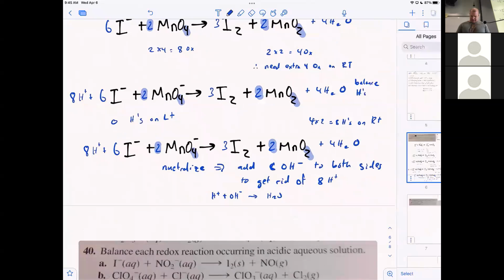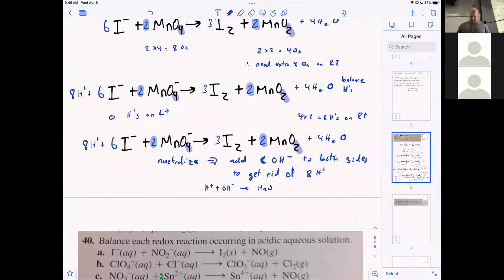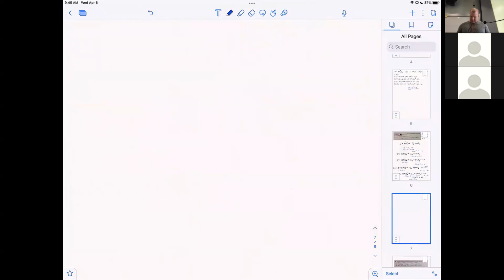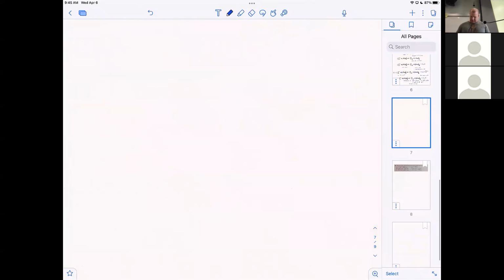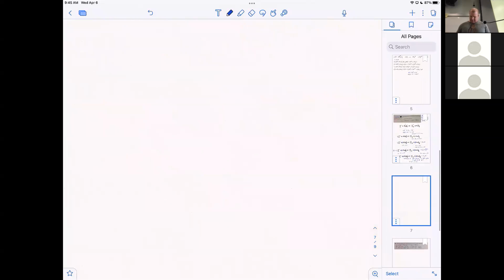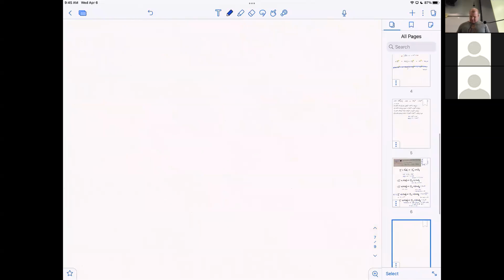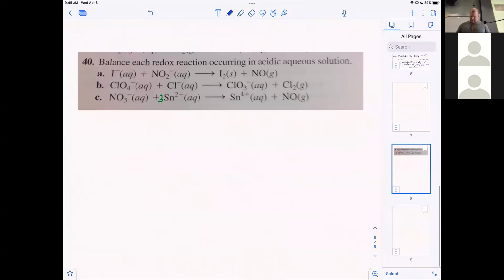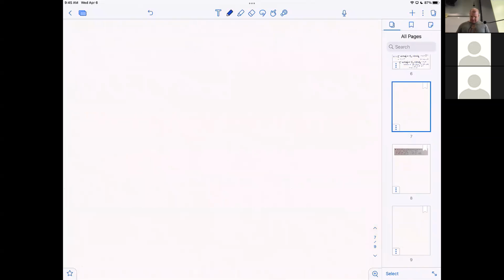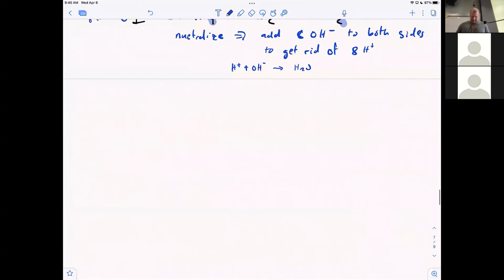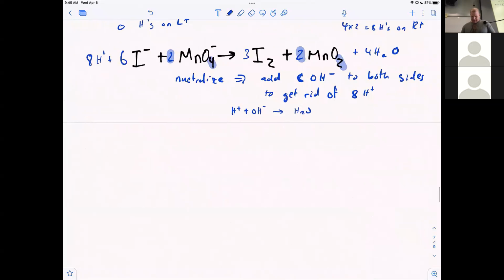So actually I need a new page. Did I add above or below? Okay, edited below. It's getting tight.